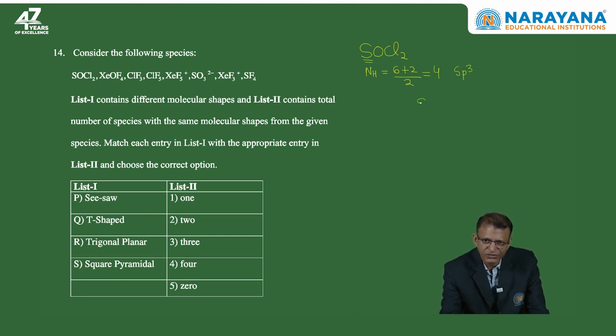Now if we try to draw the structure of SOCl2, sulfur has 6 valence electrons. So if we draw the structure of this sp3 hybridized, this is sulfur double bonded to oxygen. There are 2 chlorine atoms over here, and there is a lone pair on the sulfur atom. So if we look at the structure, this is a trigonal pyramidal structure. Trigonal pyramidal.